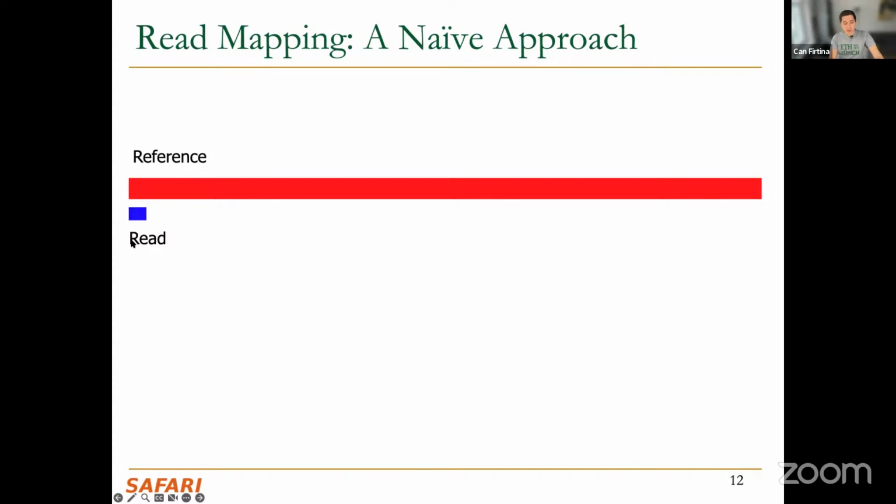And then we could do this starting from every character of the reference genome until the end of the reference genome. Like this, the read would be traversed through the entire reference genome, performing the same alignment operation over and over again.